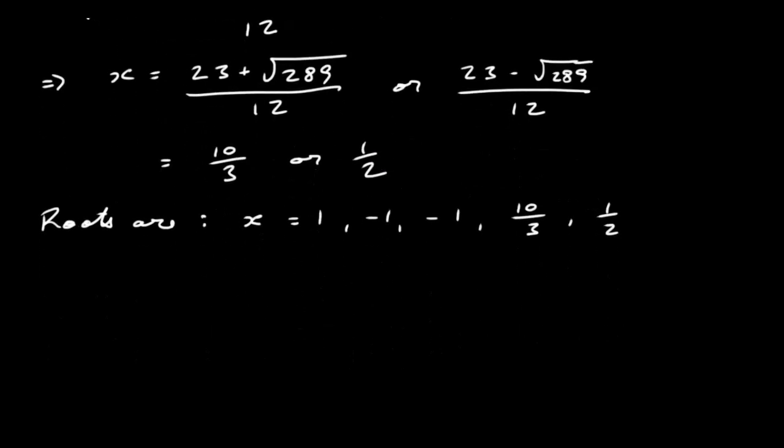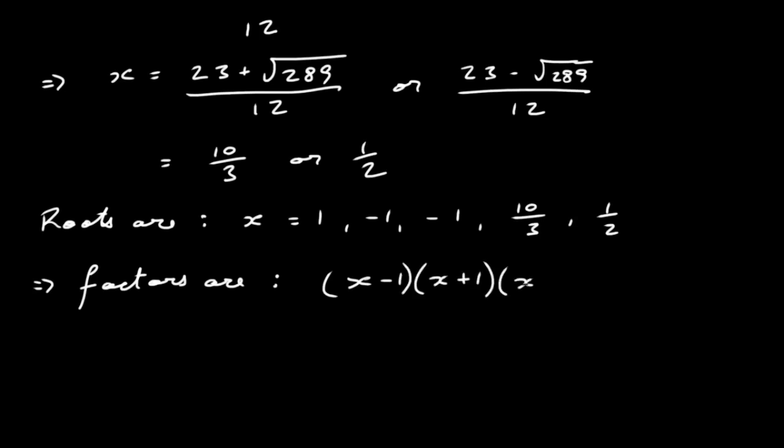So that would mean then that our factors are x minus 1, x plus 1, x plus 1, x minus 10 over 3, and x minus a half.